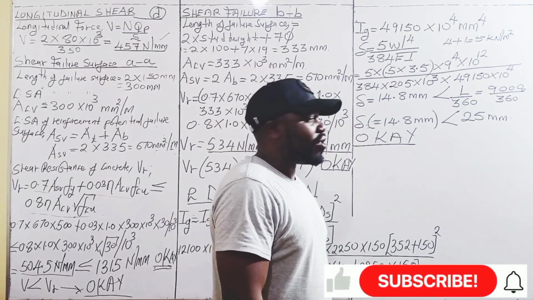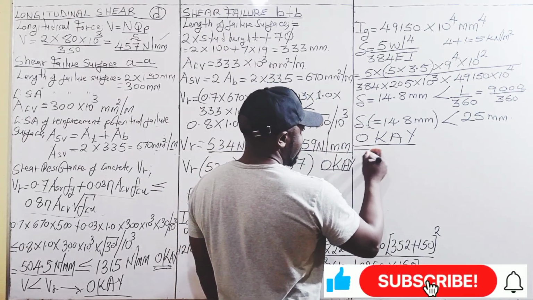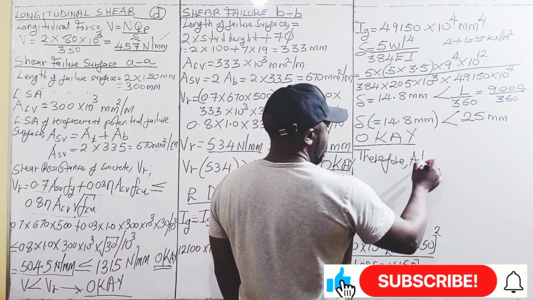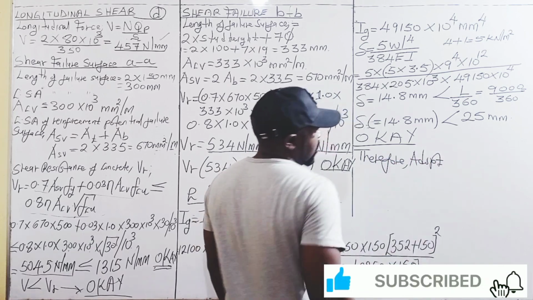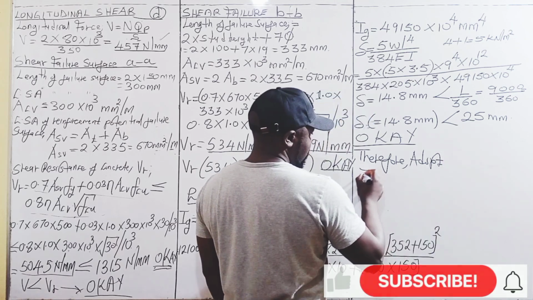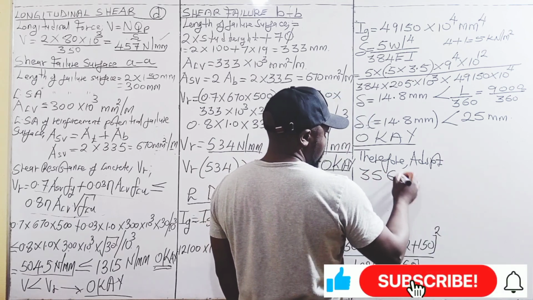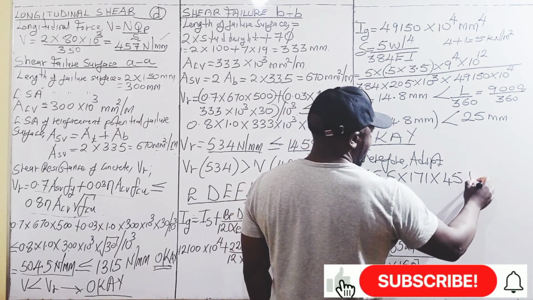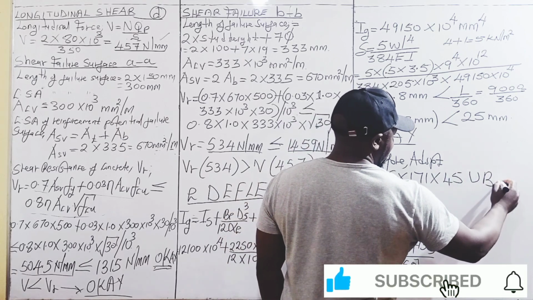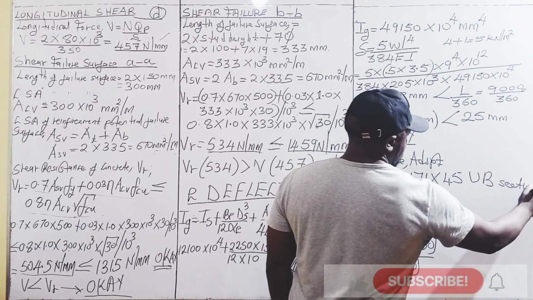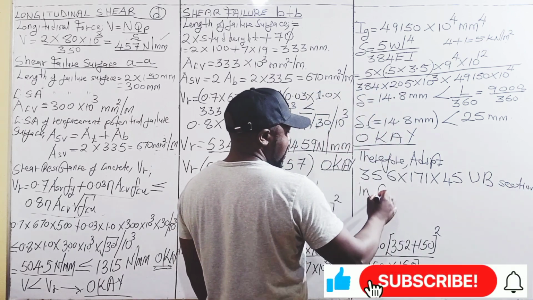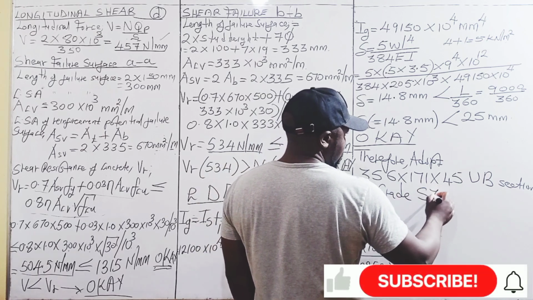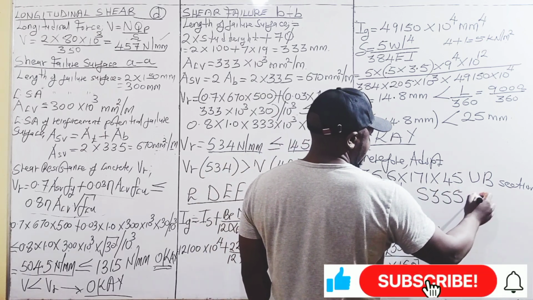We can conclude by saying, therefore, adopt 356 by 171 by 45 UB section in grade S355 steel.